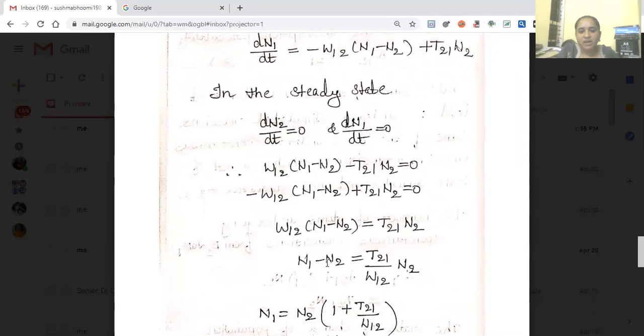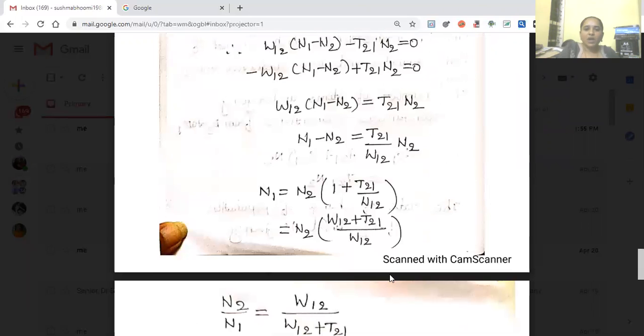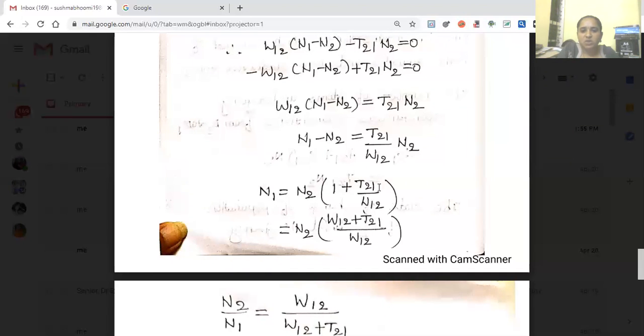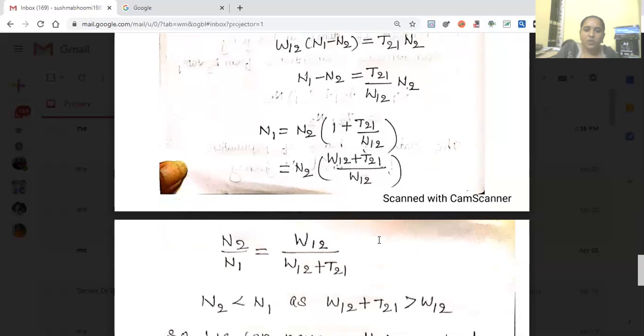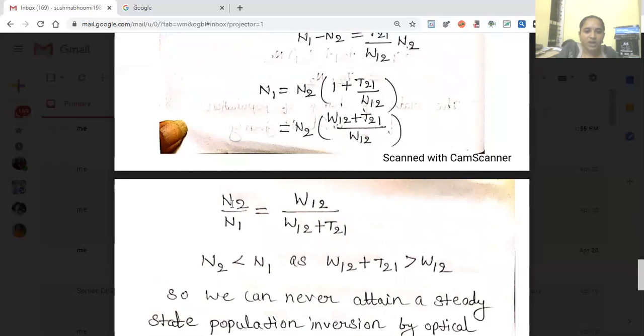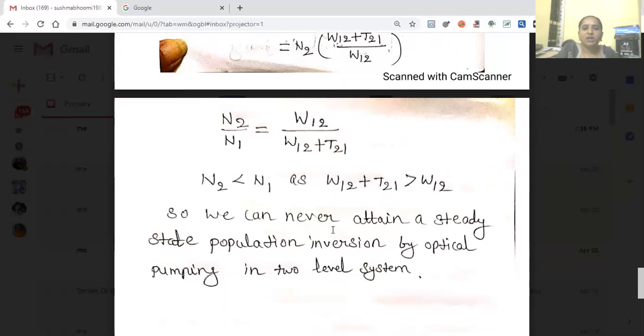Now N1 minus N2 equals T21 N2 divided by W12. So N1 equals N2 (1 plus T21 by W12). Taking the LCM, N1 equals N2 (W12 plus T21) by W12. Now the equation takes this form: N2 by N1 equal to W12 by (W12 plus T21).